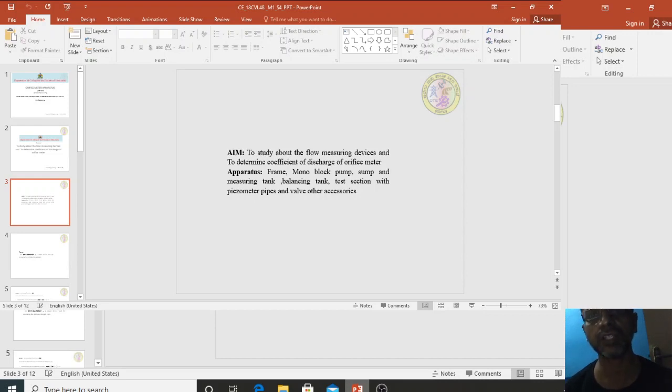The apparatus required here is a frame, a monoblock pump, a sump and a measuring tank, a balancing tank, a test section with piezometer pipes and valves, and other accessories.